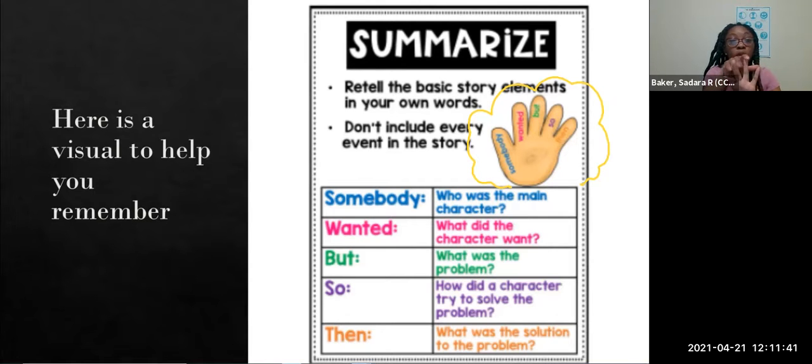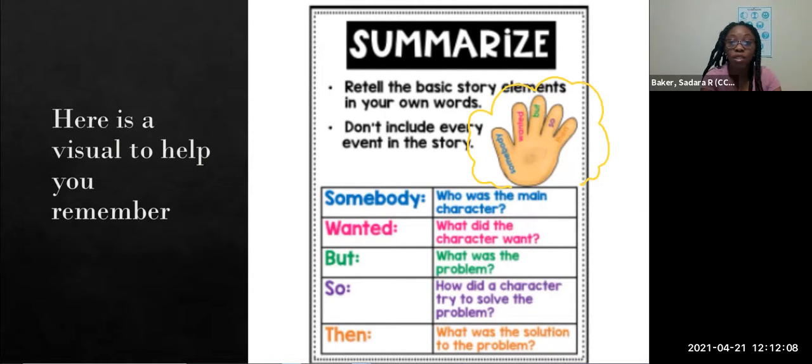What is the problem? So the character is going to try and solve it. How does the character try to solve their problem? Then it is fixed. So 5 W's, same for somebody, wanted, but, so, then.